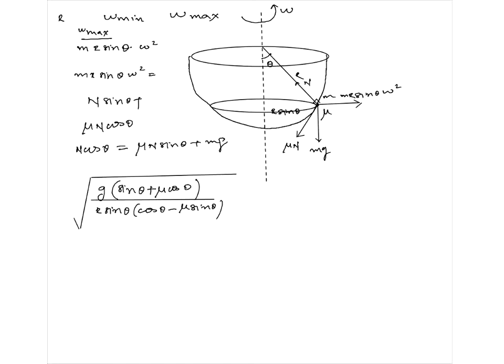Now, limiting case we are discussing, right? It's possible that if omega falls below omega minimum, sliding towards the downward side will take place. If omega falls below omega min is the limiting case. Right side force m r sin theta omega square. Friction will also be right side, component I mean. Now which component on the right side?